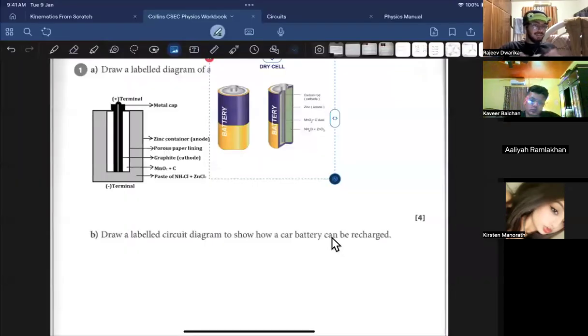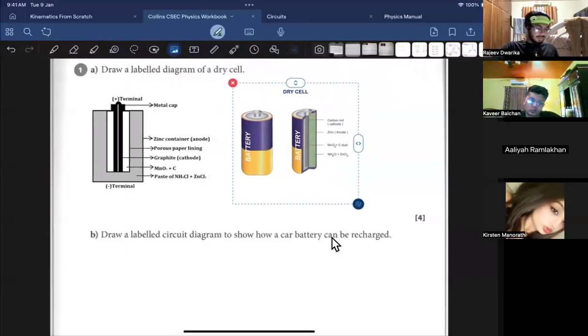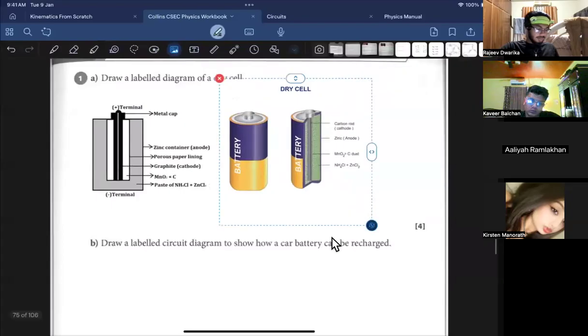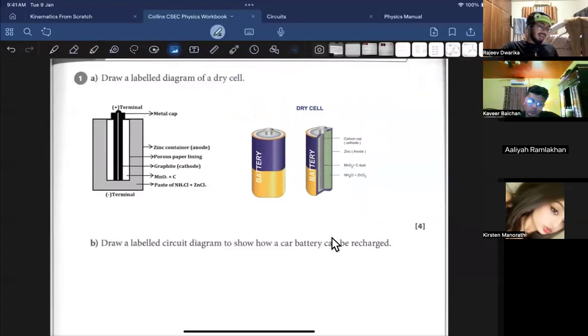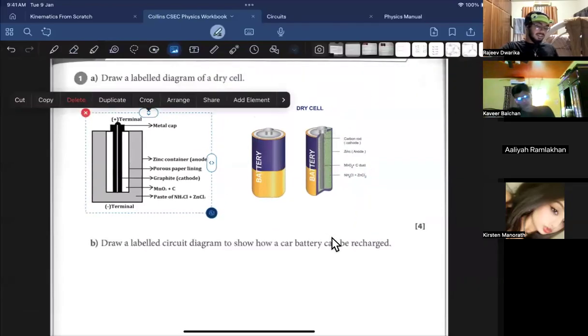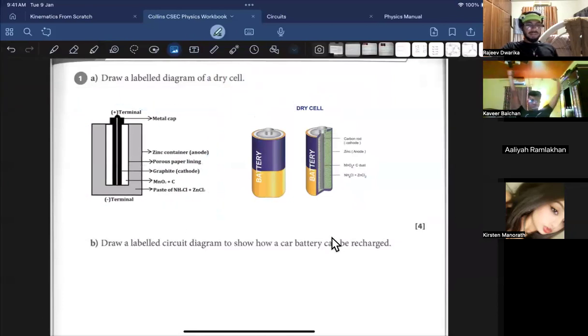Ali, I hear what I told Justin. What is the most popular battery? Duracell. And funny enough, this is obviously not by chance. A dry cell. Any battery that can't be recharged is what we call a dry cell.